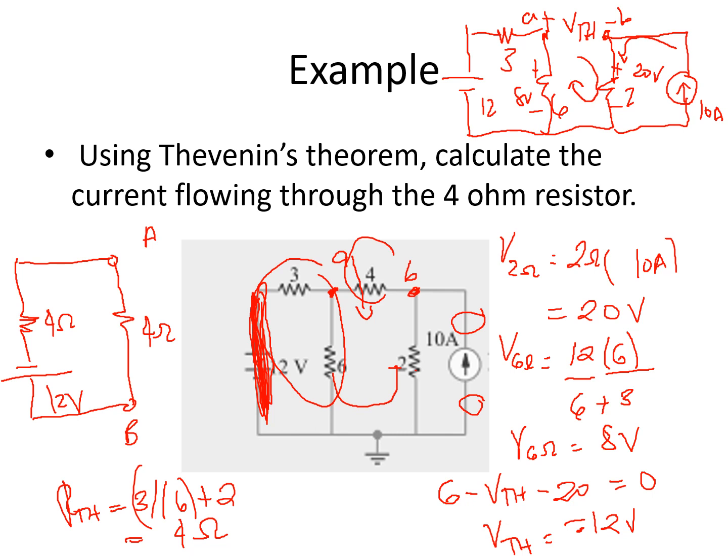So, what is the current flowing across 4 ohms? It is very simple, right? Because we only have here a series circuit. So the current flows in this manner. So it should be plus and minus. Okay? So what is the current there? The current there is 12 volts divided by the total resistance, which is 4 plus 4.